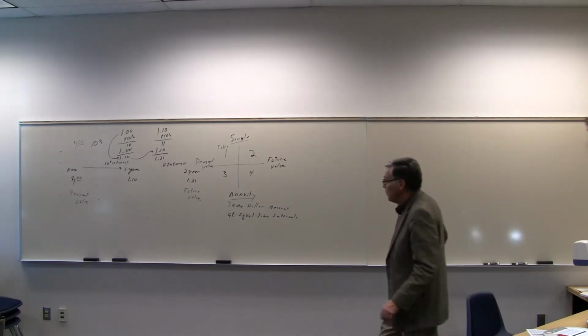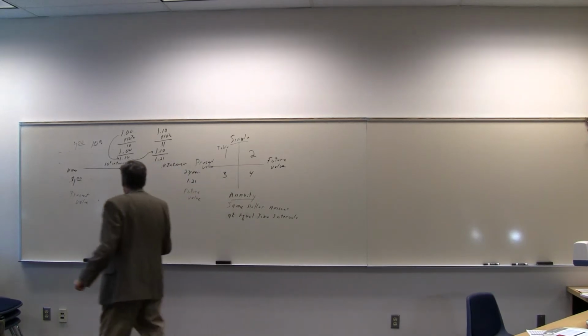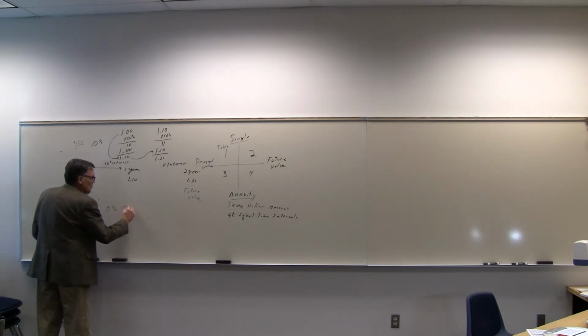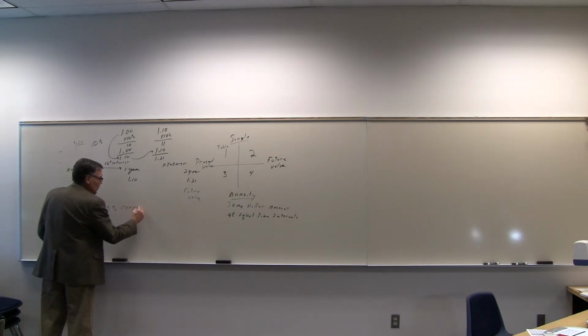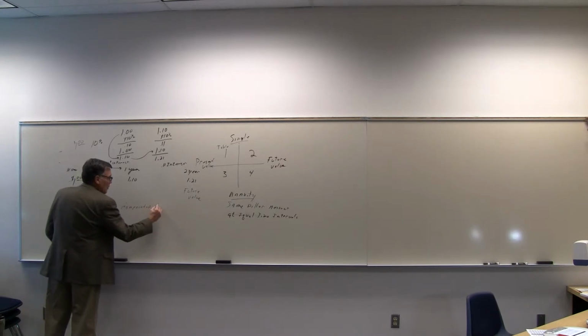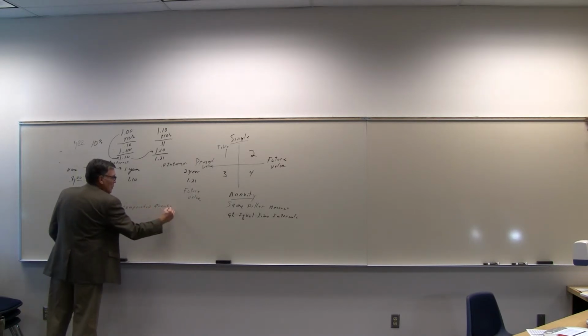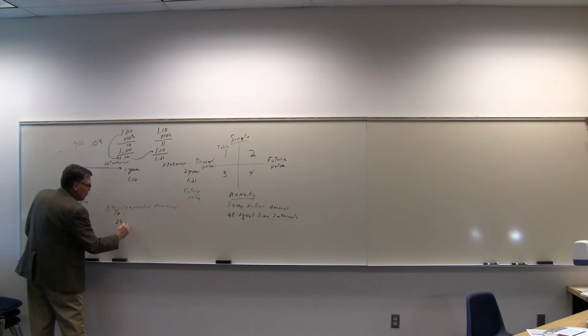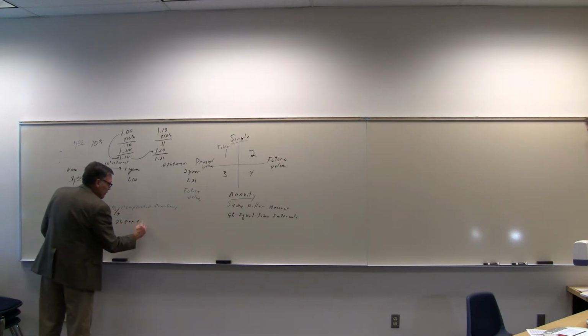The other topic that we brought up is the fact that, suppose you have 8% interest that's compounded quarterly, and let's say it's 2 years. Since it's compounded quarterly, you divide 8% by 4. That means it's 2% per compounding period.